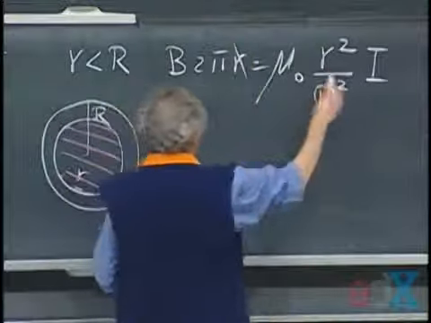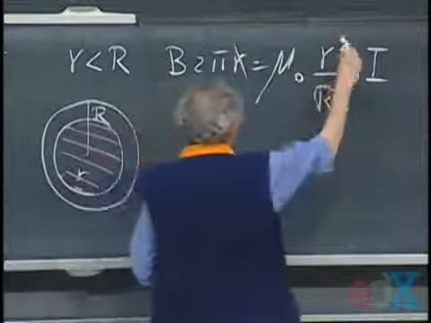And so I lose one r here, and so you get a very different result. You get that the magnetic field equals mu 0 times I, which is now linear in little r, divided by 2 pi capital R squared.